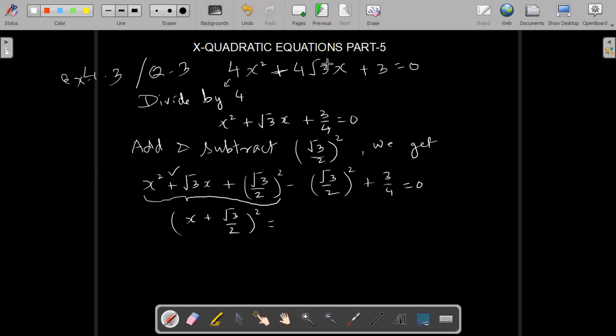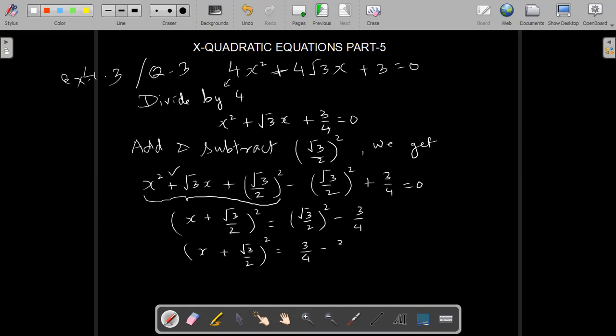and other values you can bring to the right hand side. So root 3 by 2 whole square will become positive on the right hand side. This plus will become minus 3 by 4. And now solve the right hand side, x plus root 3 by 2 whole square. Root 3 square is 3 and square of 2 is 4.